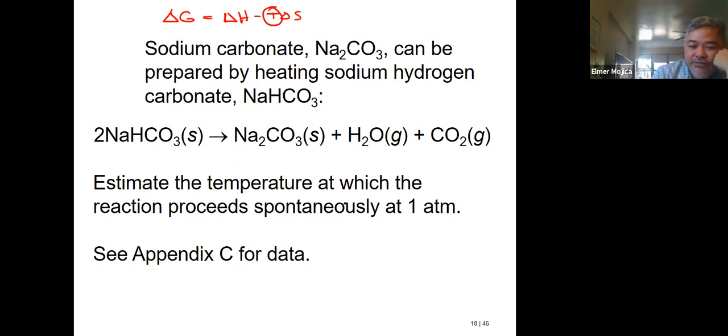You are asked to estimate the temperature at which the reaction proceeds spontaneously at 1 atmosphere. So what does this mean? You have to find where the value of delta G is equal to 0.